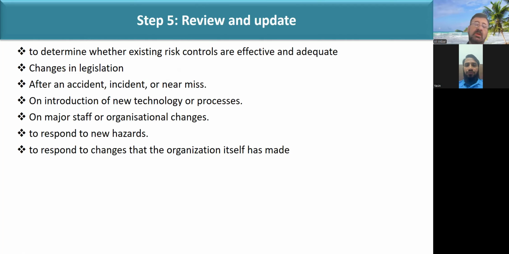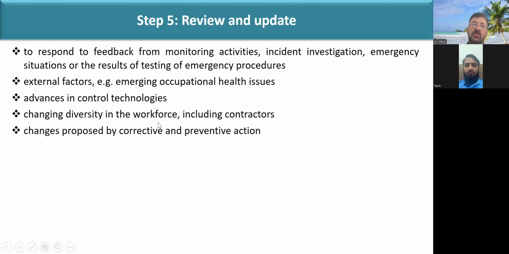But sometimes we need changes. We also update to respond to feedback from monitoring activities, incident investigation, and the results of testing of emergency procedures. We conduct emergency drills, so if something needs improvement, we will have to update the risk assessment.